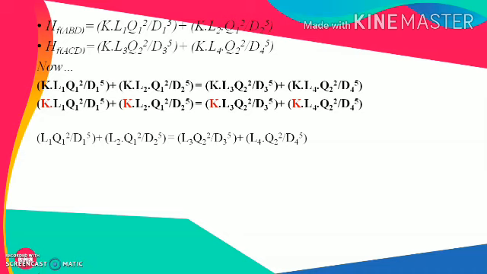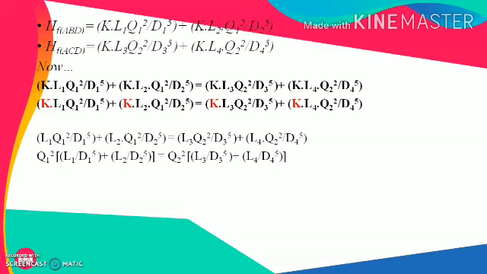So now the equation becomes L1 Q1 square upon D1 raised to 5 plus L2 Q1 square upon D2 raised to 5 equals L3 Q2 square upon D3 raised to 5 plus L4 Q2 square upon D4 raised to 5. Now we can take out the common terms: from the left hand side it is Q1 square, and from the right hand side it is Q2 square.